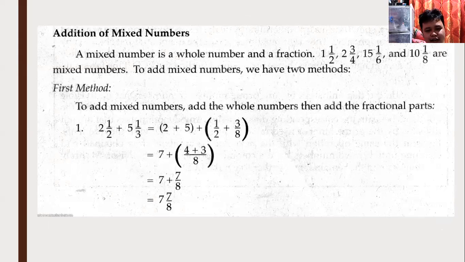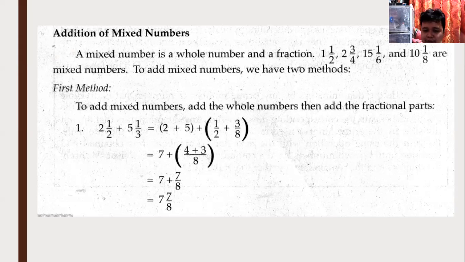Same procedure din nung ginawa natin nung una, diba? So, kukunin mo muna yung mga whole numbers, 2 plus 5. Then add mo yung 1/2 plus 3/8. So paano nakuha yung 1/2 plus 3/8?